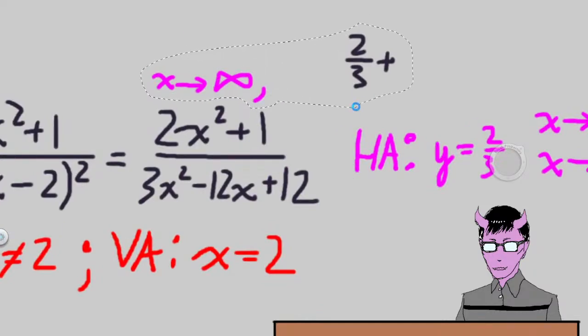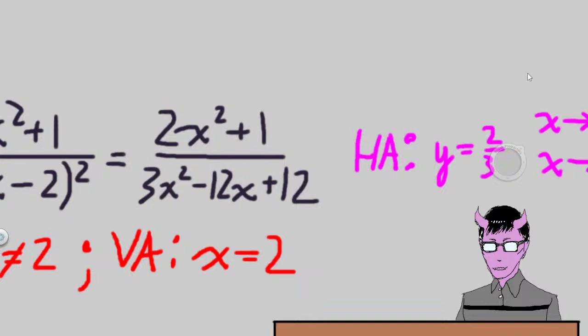So if we have x approaching a large negative size, then again, these ones are the major players. We get approximately 2/3. The top one is increased slightly, but for the bottom one, again ignore this plus 12, we're subtracting 12 times a huge negative value. So that's a huge plus.